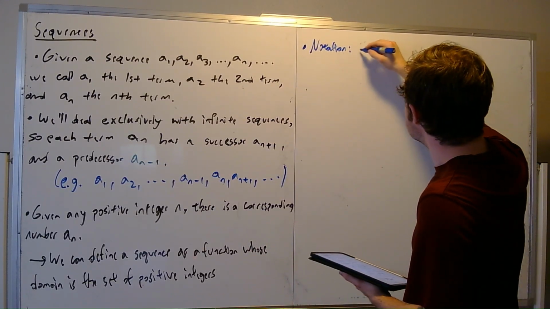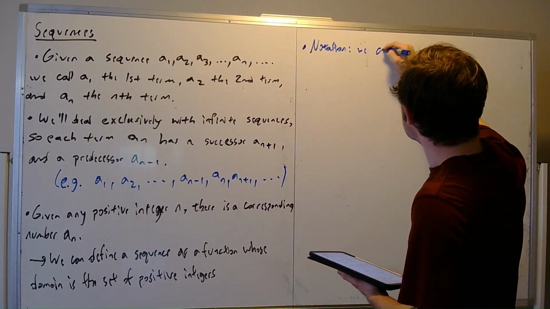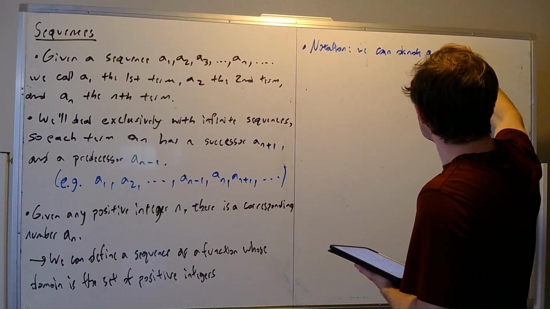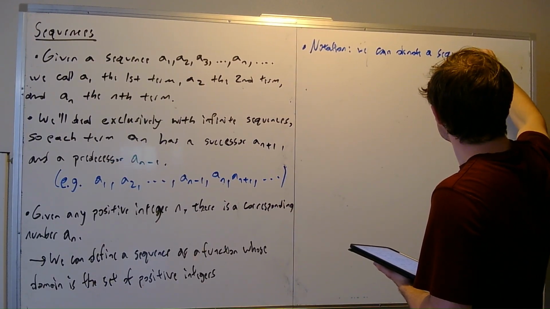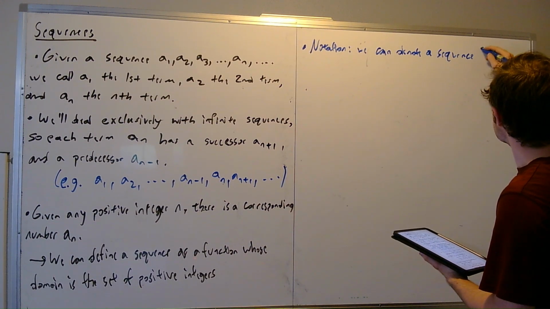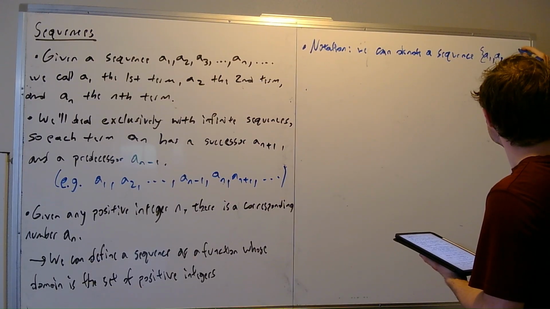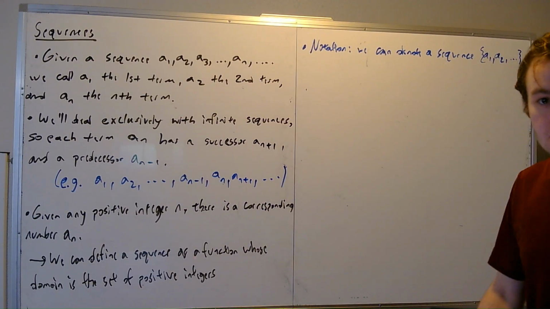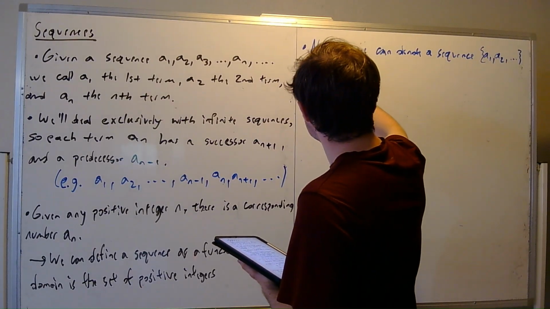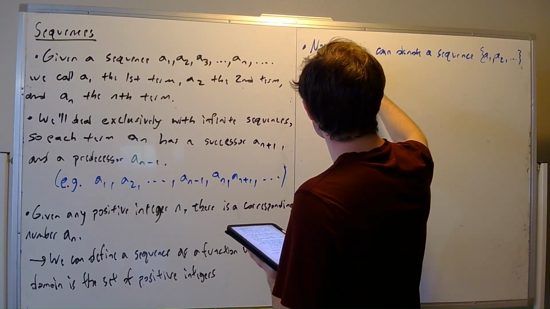So we can denote a sequence, let's say our sequence is a_1, a_2, and it just keeps going, right? So you've got infinitely many of these terms. We can denote it by {a_n}.